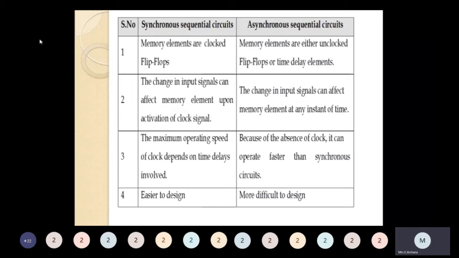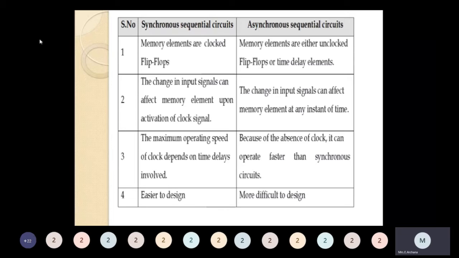Here, only during the activation of the clock signal does it affect the memory element in synchronous circuits, but in the case of asynchronous circuits, changes in the input signal can affect the memory element at any instant of time.